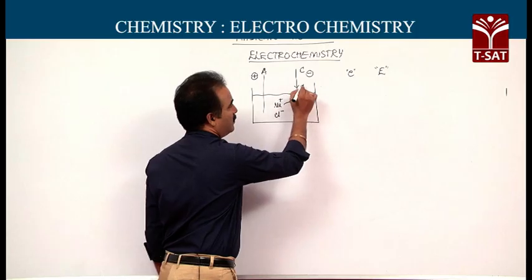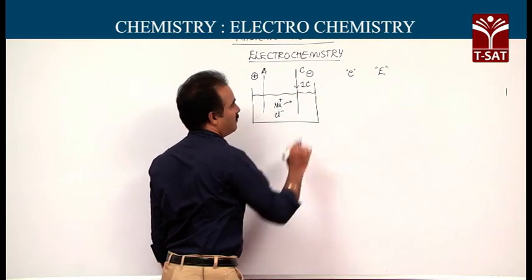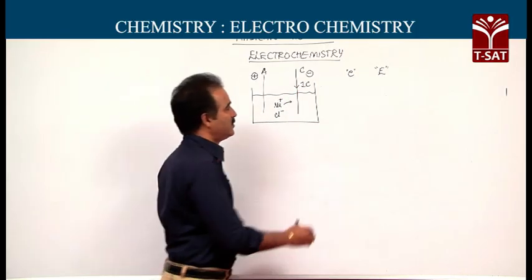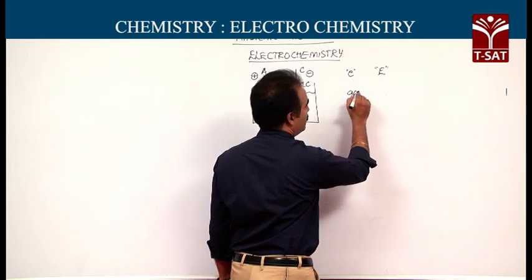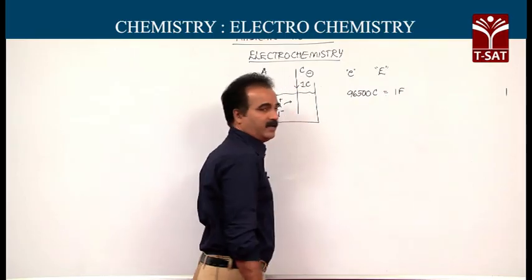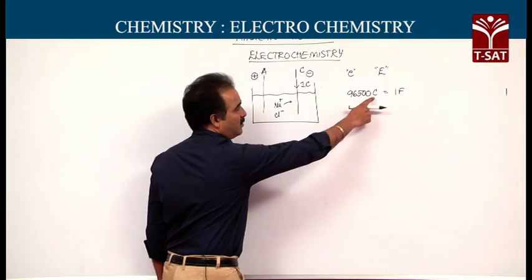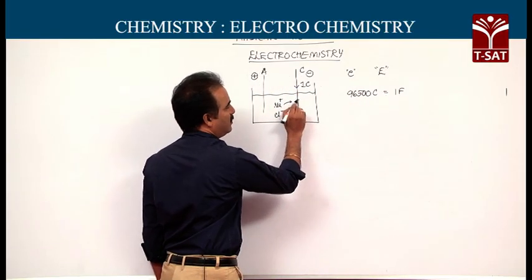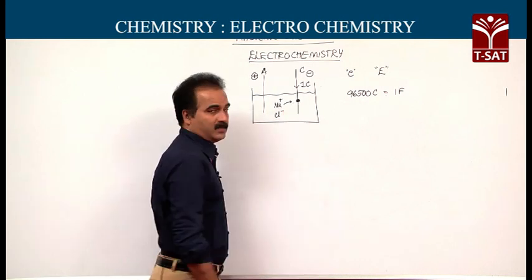When you send 1 coulomb of charge, we know the relationship: 96,500 coulombs is 1 Faraday. If I send only 1 coulomb of charge, you will get a very small amount of sodium deposited.